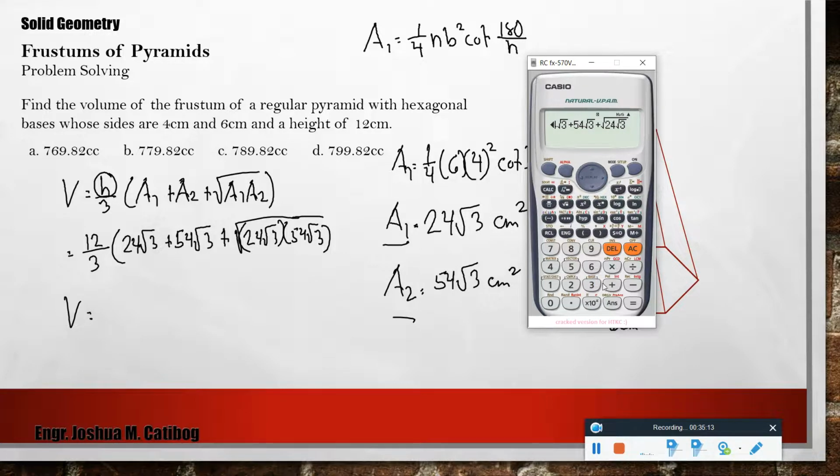Okay, lagyan natin yung multiply dito times 54 square root of 3.